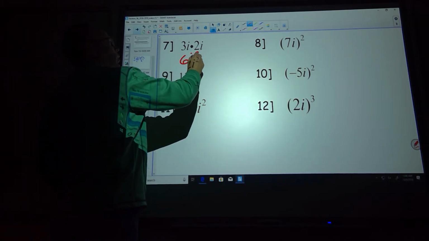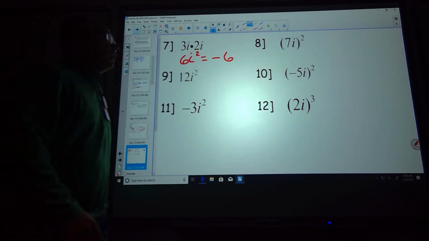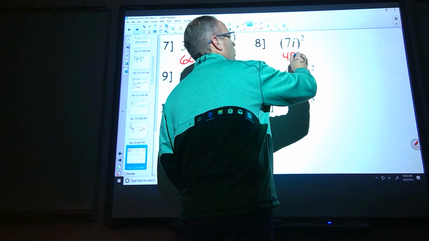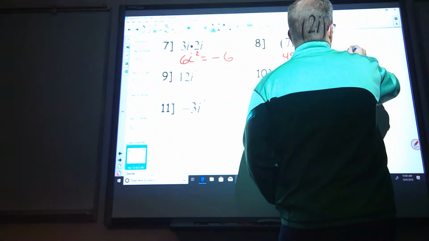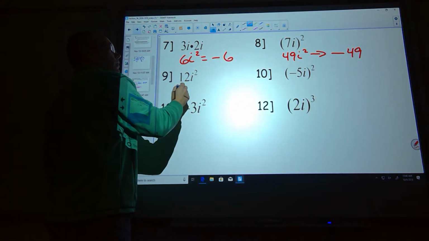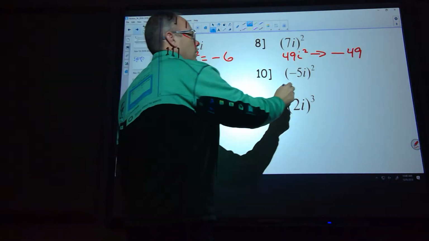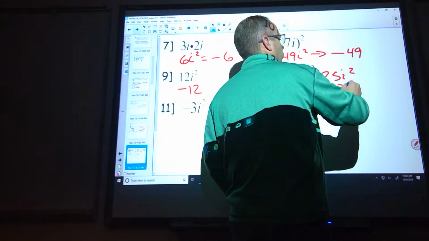All right, ready? 6i squared. What's i squared equal to? Negative 1. There's your answer. 49i squared. What's i squared equal to? Negative 1. This becomes 25 i squared. i squared is negative 1, so I get negative 25.